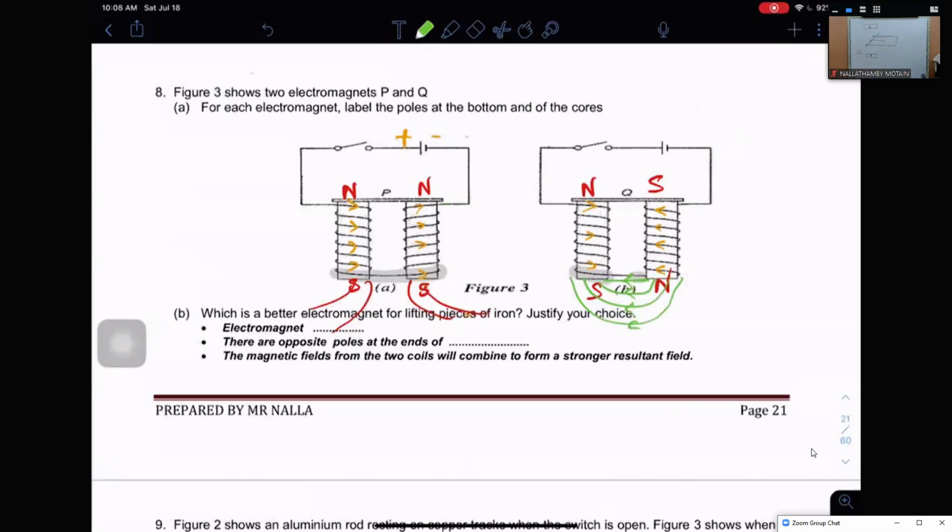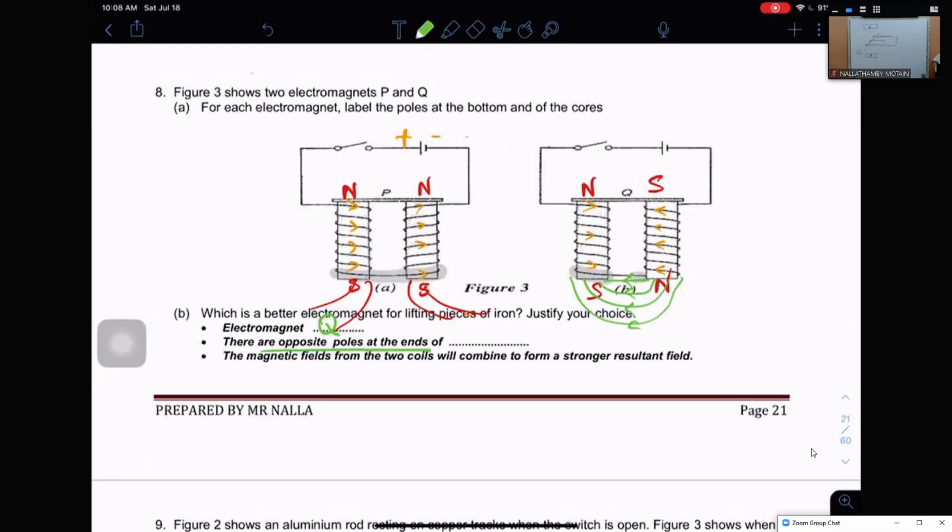Okay, so we check the current in the solenoid, then identify the poles. Then we know already which one is a strong electromagnet. So answer, which is a better electromagnet? And justify your choice. Answer is Q. Why? Because there are opposite poles at the end of what?